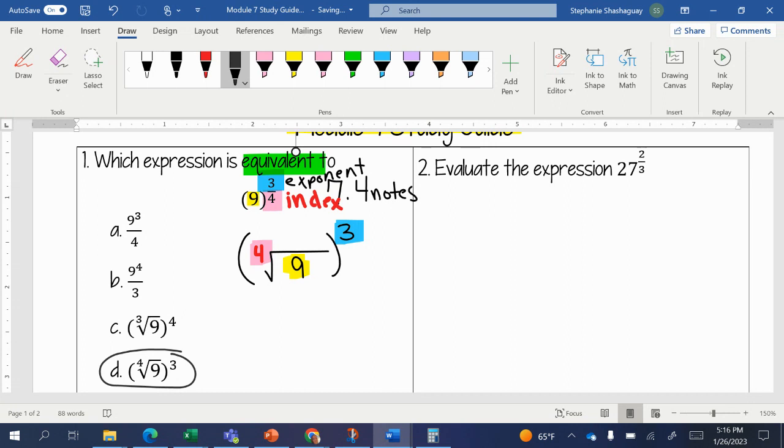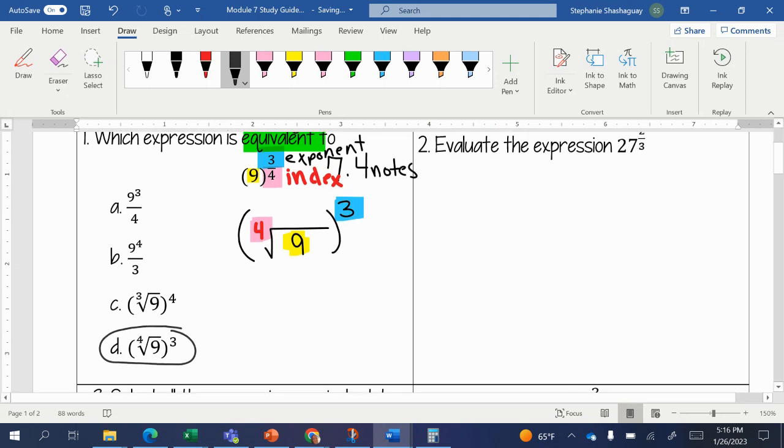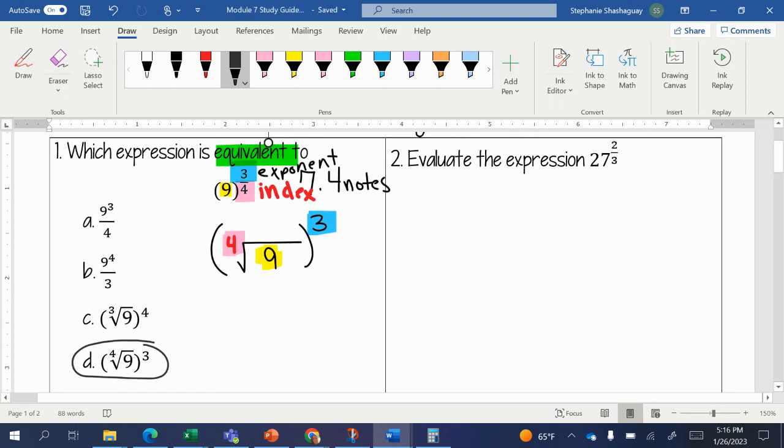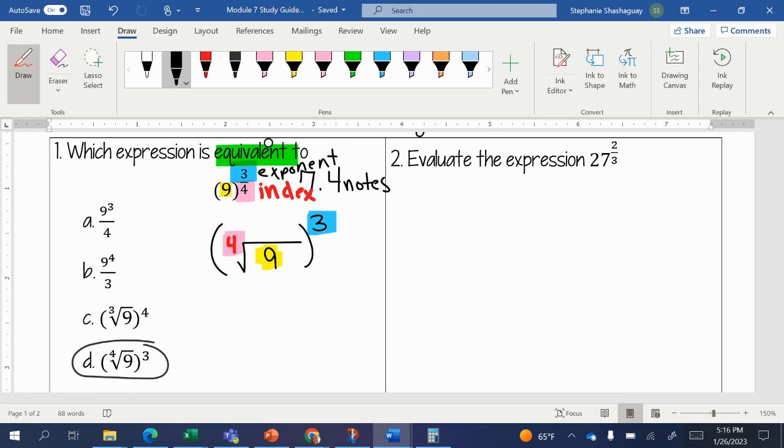Okay. Next, we have evaluate the expression 27 to the 2/3. So again, we have a problem from 7.4 notes and practice. And here we can think about this 2 ways.